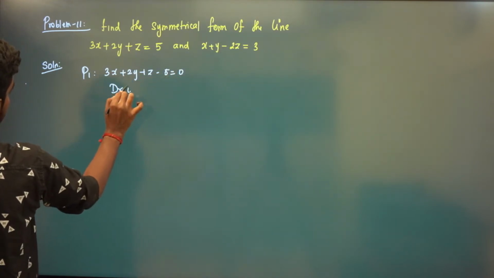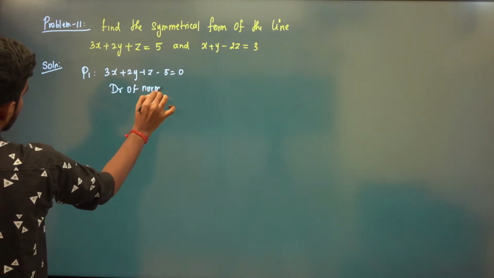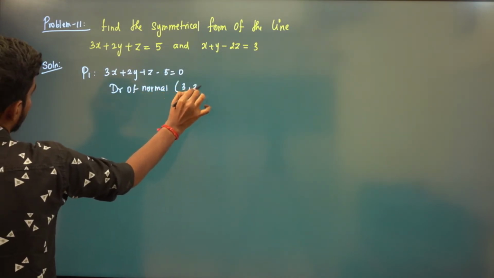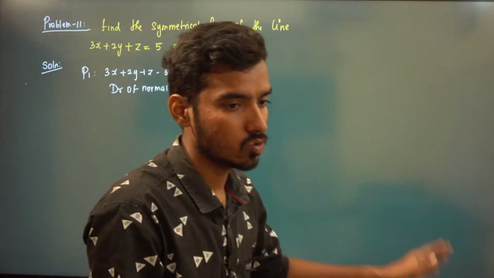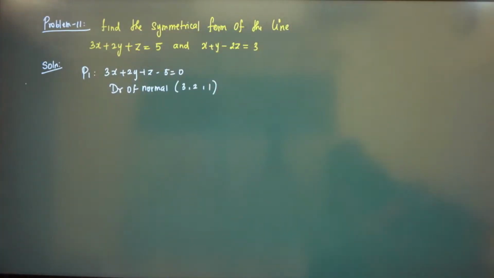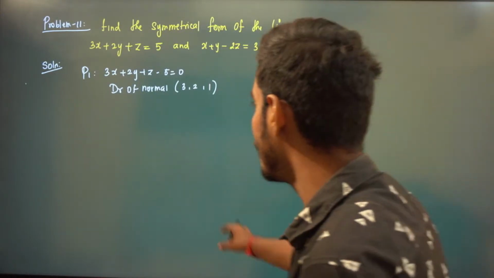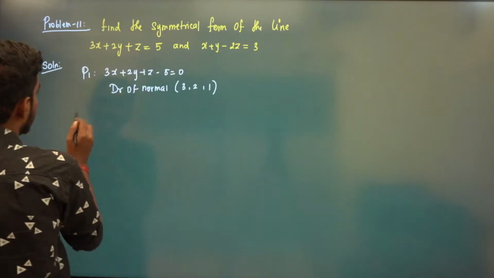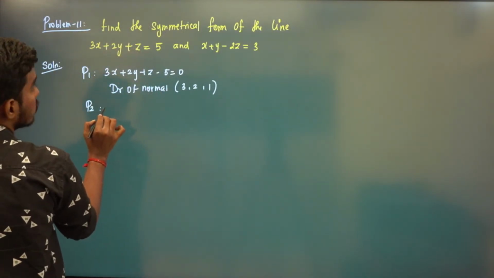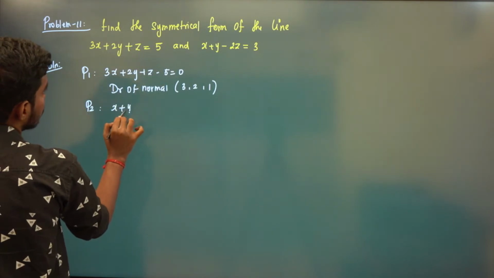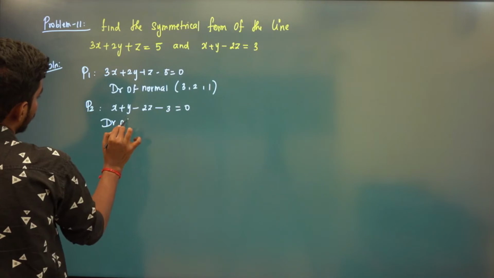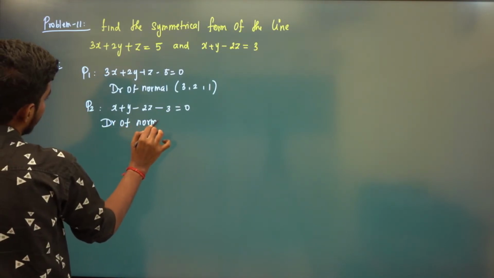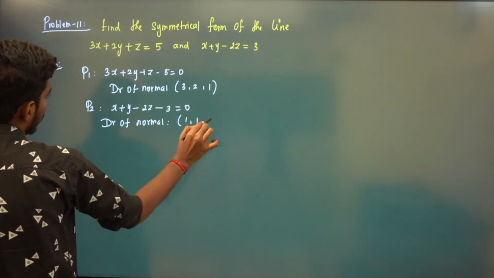And what is the direction ratio of the normal? It is 3, 2, 1. In previous classes, whenever we are doing problems in planes, we have just written direction ratio of the normal of this plane. Similarly, we have P2. P2 is x plus y minus 2z minus 3 is 0, and the direction ratio of the normal to this plane is 1, 1, minus 2.